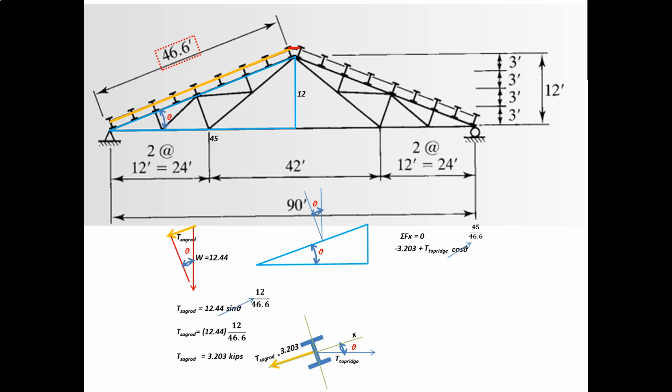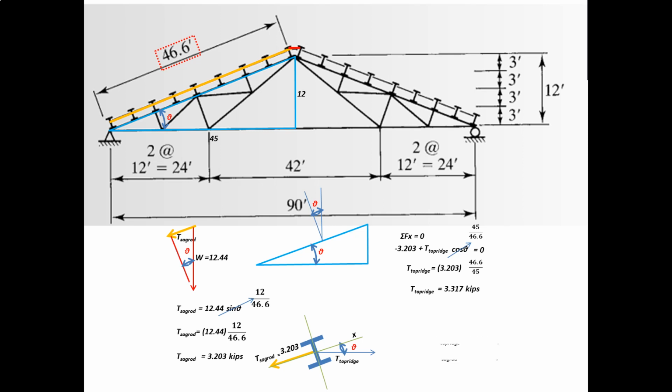Cosine theta is 45 all over 46.6. So this shall equate to 0. Therefore, the T top ridge is equal to 3.203 times the reciprocal of cosine theta. So we will yield a value of 3.317 kips.